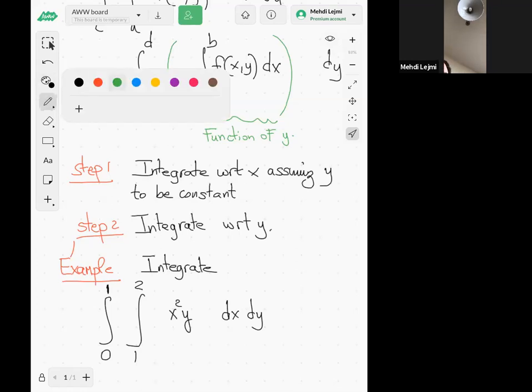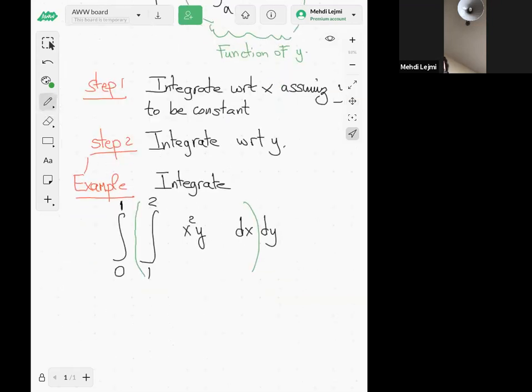If you use parentheses, first we have to integrate with respect to x, and you assume y is a constant.